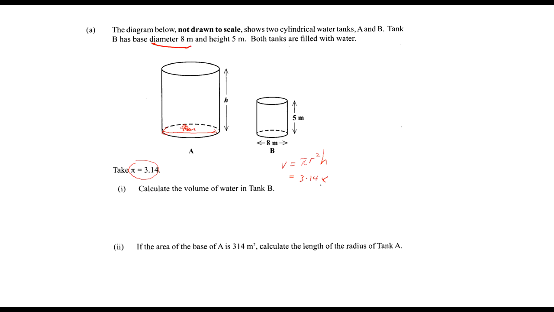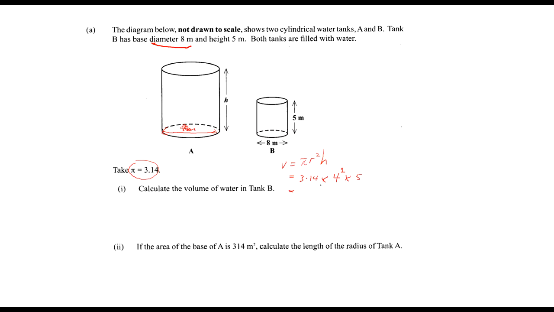So if the diameter is 8, it means that the radius is half of that, which is 4. So 4 squared multiplied by the height, which is 5. Be very careful with that. Don't confuse radius and diameter. So that will be 3.14 multiplied by 16 multiplied by 5, and that gives me 251.2.